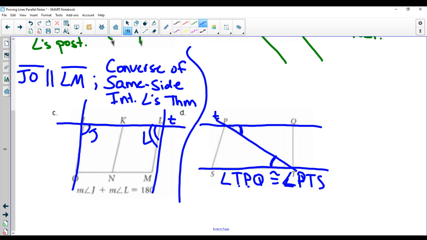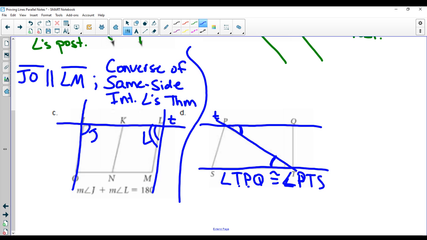What's the relationship? It looks to me like we're talking about alternate interior angles because they're inside our two major segments here, PQ and ST. And they're on different sides of this transversal line. So I know that that's alternate interior angles. What do I know about alternate interior angles?